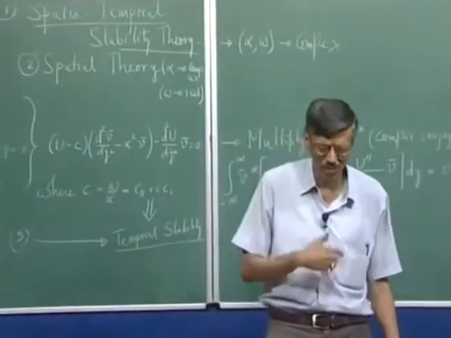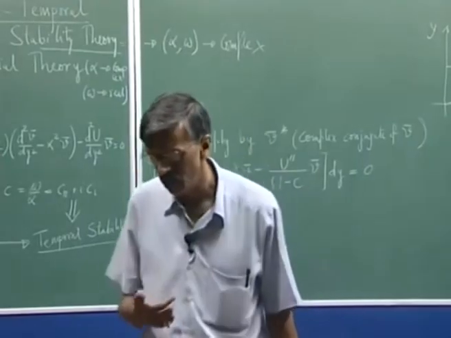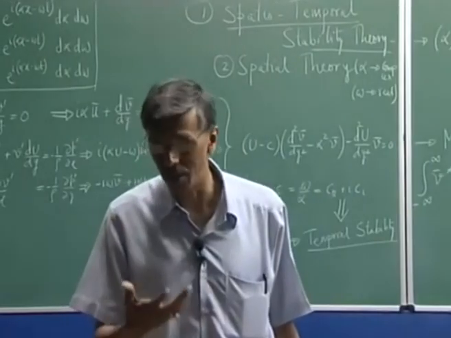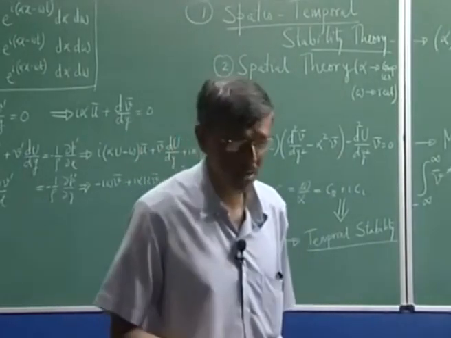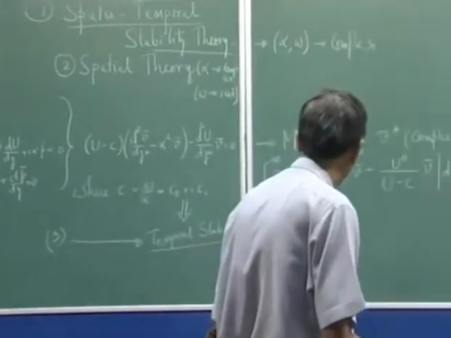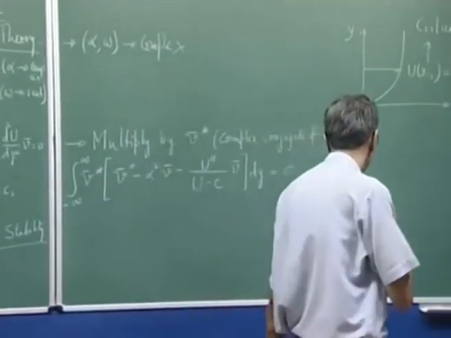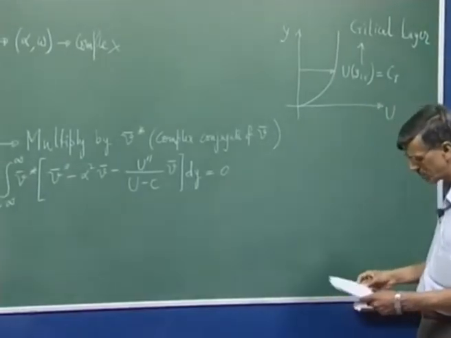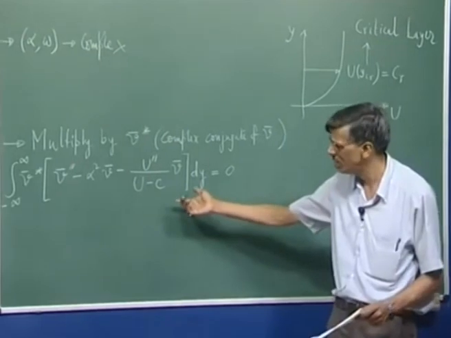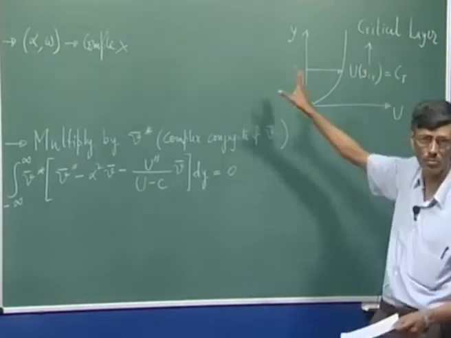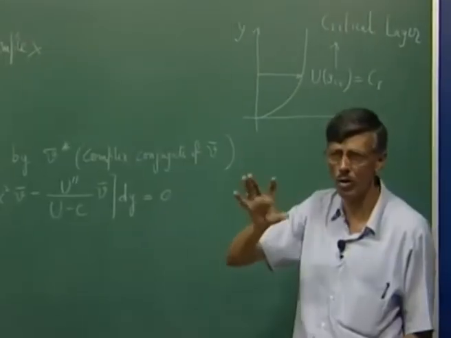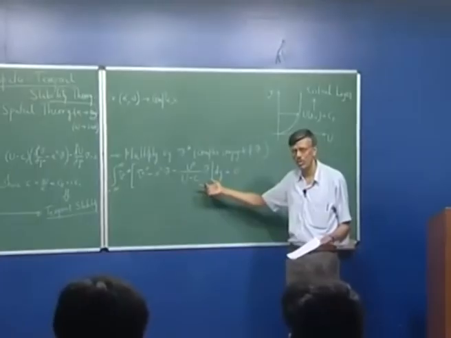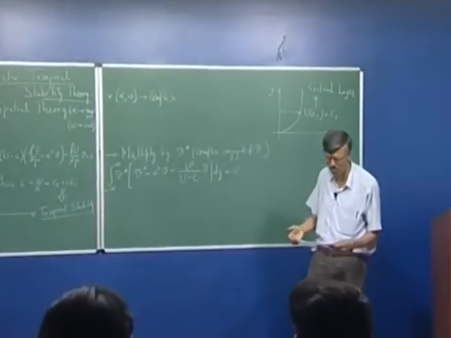So, we are basically confronted with a situation where we want to get an insight into a solution of an equation which is an ordinary differential equation, no doubt, but it is a variable coefficient ordinary differential equation, and it does not give you immediately an analytical solution. That prompted Rayleigh to look at it, but barring that critical layer, specifically for the neutral solution, everywhere else there is nothing we are losing by casting this equation in this form.